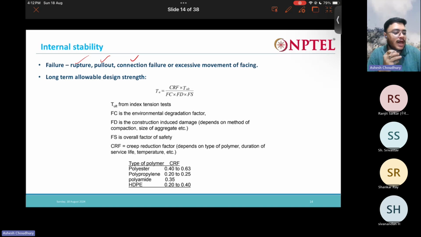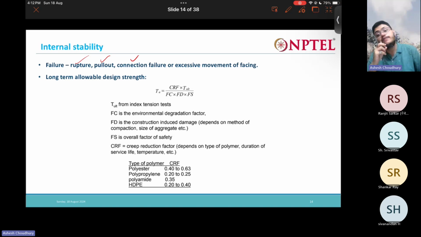That ultimate tensile strength is determined in the lab. In the lab, you are testing the reinforcement in a very controlled environment, doing the experiment to find out the ultimate tensile strength, the ultimate load of the reinforcement.